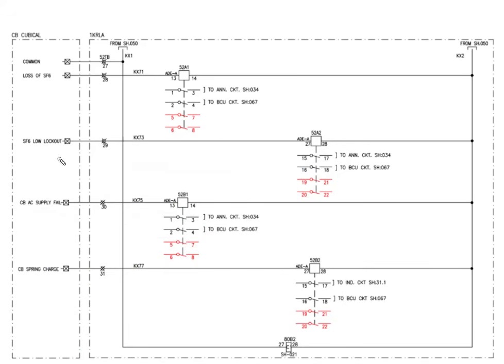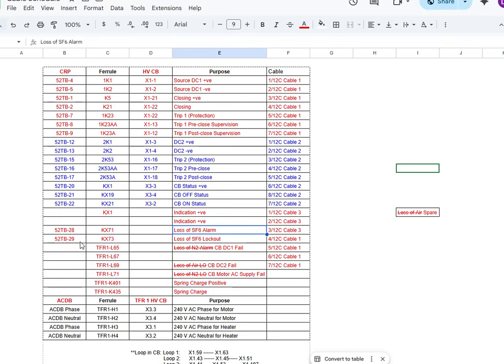Okay, let's see what it is. Next is CB AC supply fail. CB AC supply fail is on TB number 52 TB30 and KX75. It's 30 and 75.